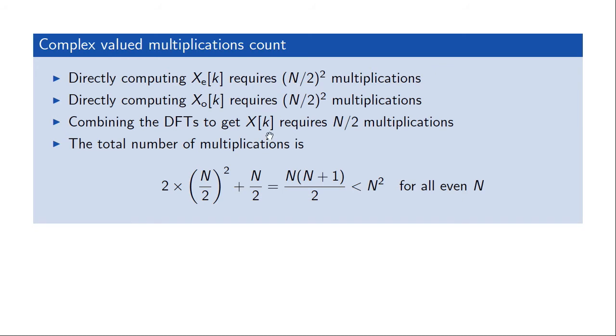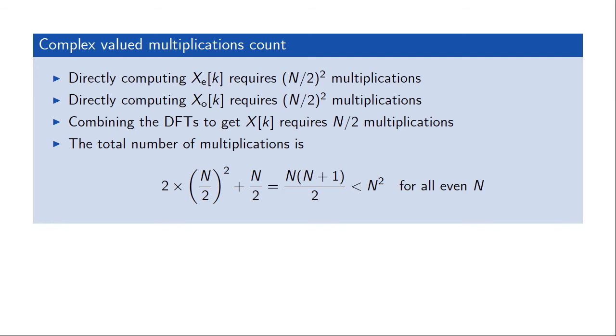And then we see that if we have Xe of k and Xo of k, we can combine these to get X of k. And what that would require is multiplying each of the odd terms with this complex exponential, and then adding or subtracting the terms together to get X of k. And in total, that would require N over 2 complex valued multiplications.